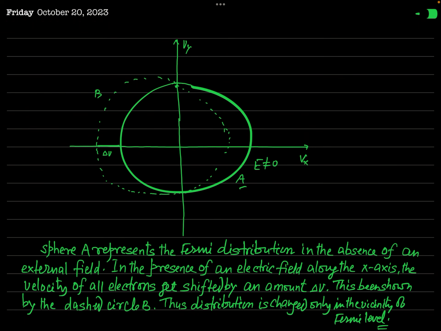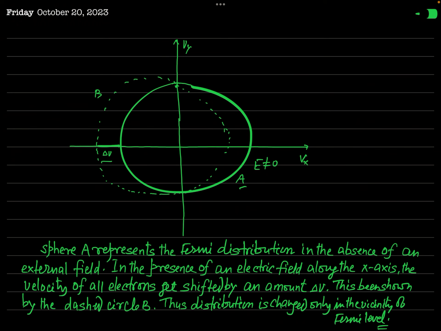But when an electric field is applied along the x-axis, the velocity of all electrons gets shifted by an amount delta V. You can see this is the shift in velocity which I have assumed as delta V. This has been shown by the dashed circle, or the circle B, in this figure.